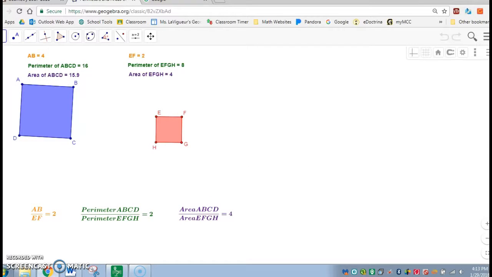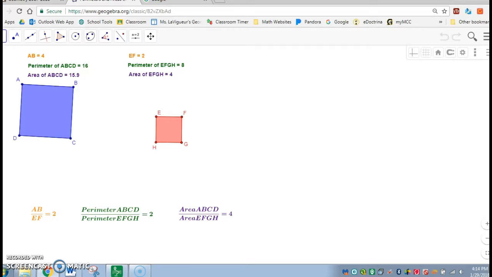It's another GeoGebra. So if you notice, I have a square, and then I have a bigger square. So square EFGH is my pre-image, and then square ABCD is the image. So if I take the image's length over the pre-image, I currently have a scale factor of 2. So this program was set up where it found the perimeter.